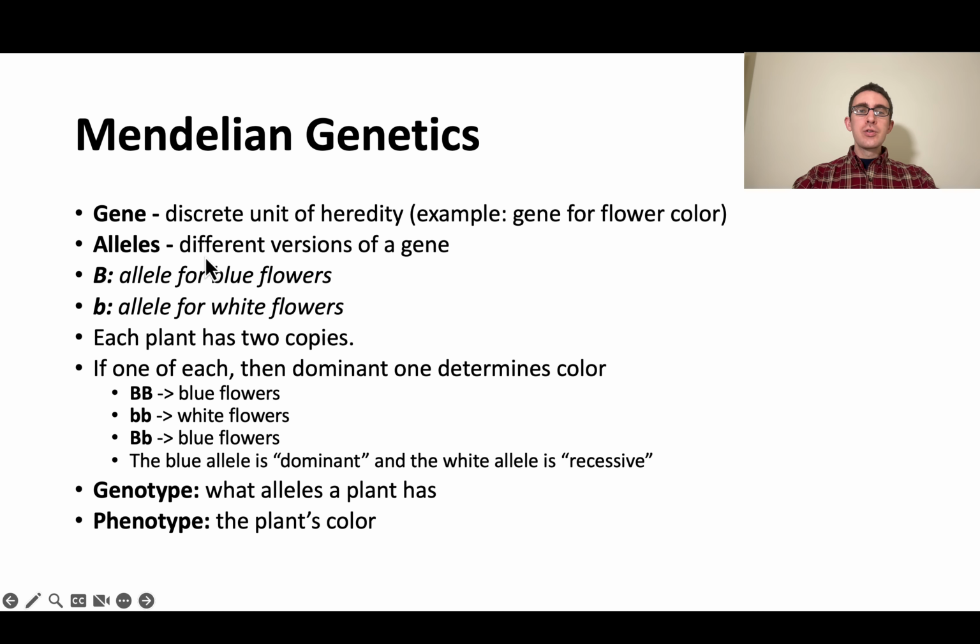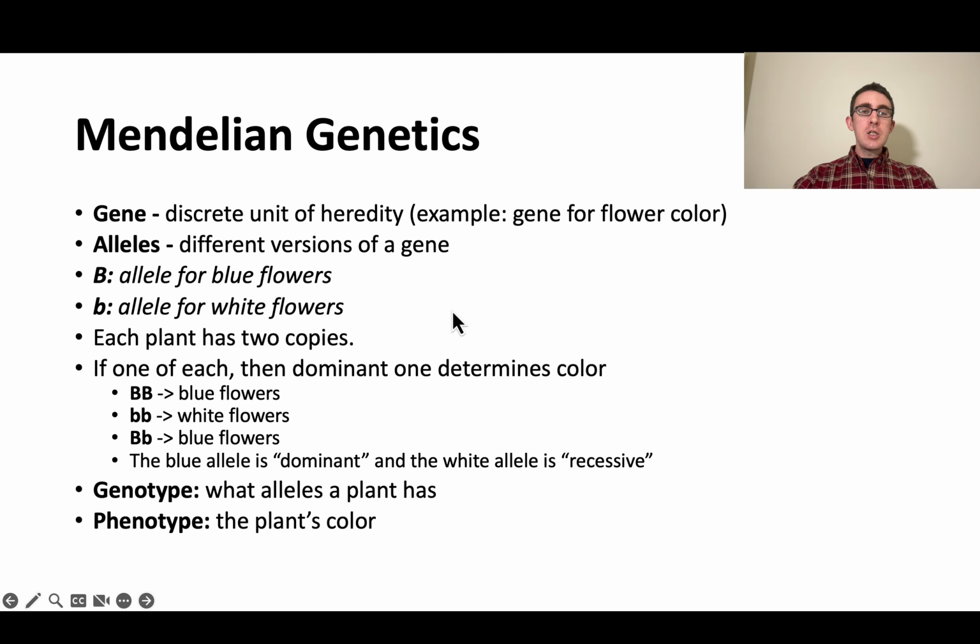Alleles are different versions of a gene. We could talk about different alleles for the gene for flower color. In this case, capital B is the allele for blue flowers, and lowercase b is the allele for white flowers.